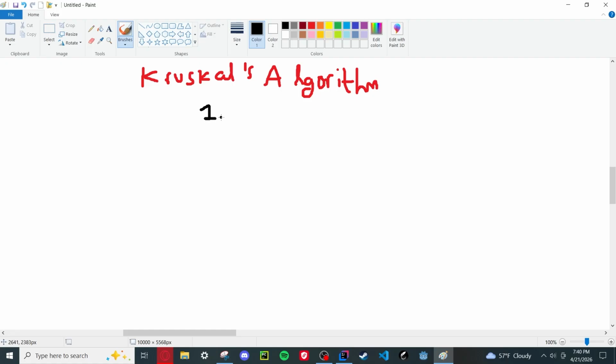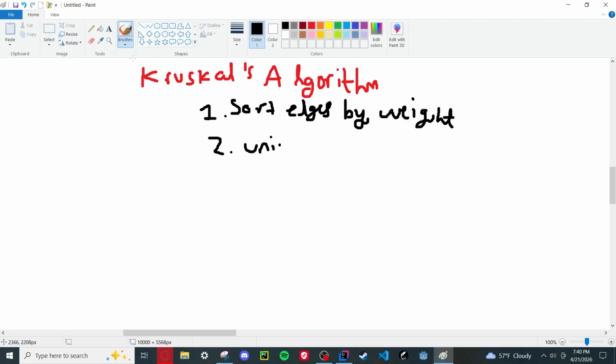That if we sort edges by the weight, and then we perform union. So I have an edge of vertex 1, vertex 2, right?